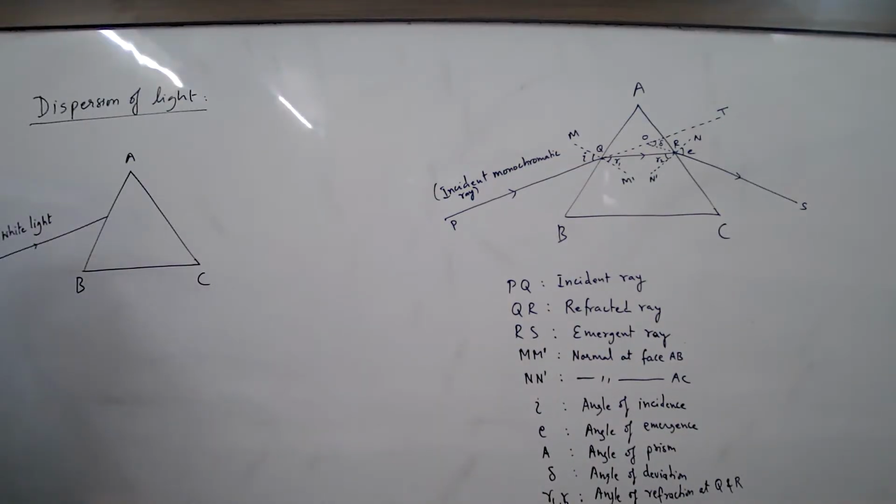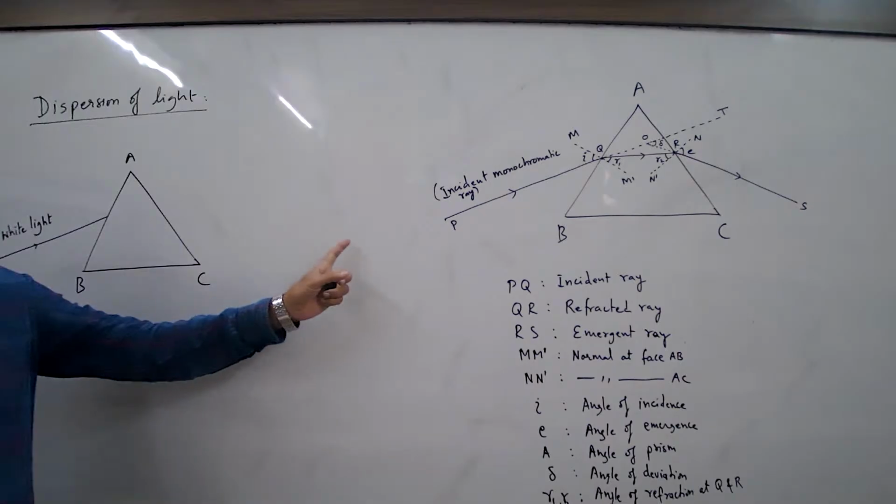Now tell me what will happen when white light is made to pass through a prism. So white light from the source, we are passing it through a cardboard with a thin hole, so that a fine beam of light is going. Okay, fine beam.